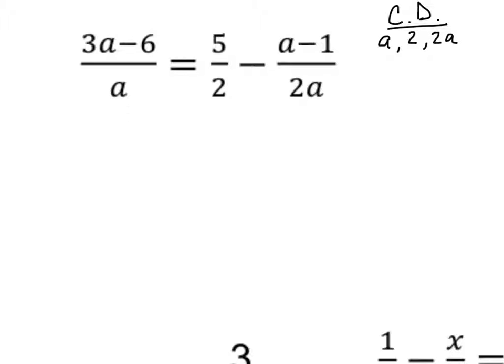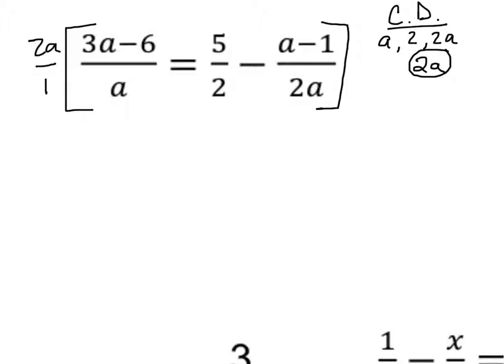So my common denominator is just going to be 2 times a. I'm going to take the whole equation times the quantity 2a over 1, and distribute this times everything that we have.